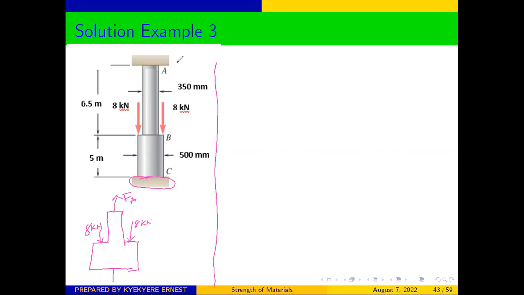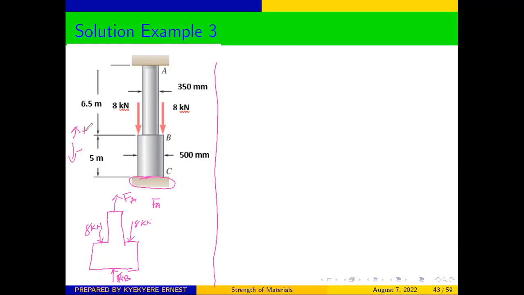So what we can do, we are going to get a reaction at this side, and we can call it FB. When you write the equilibrium equation, we are going to get FA going up. It's positive anytime the force is going up, and negative when it is coming down.